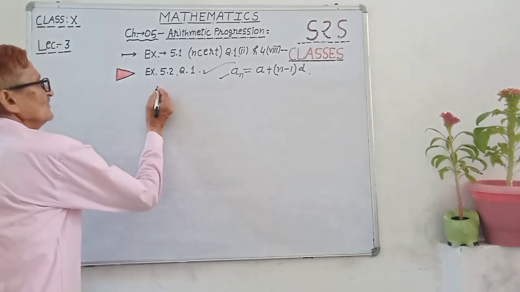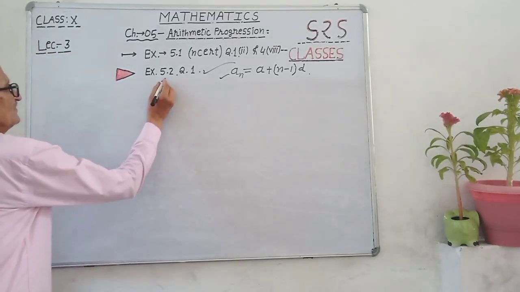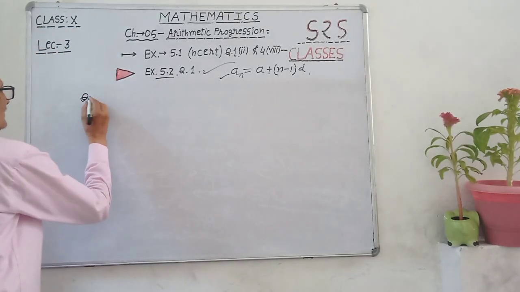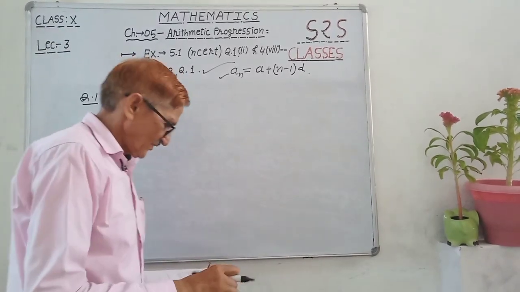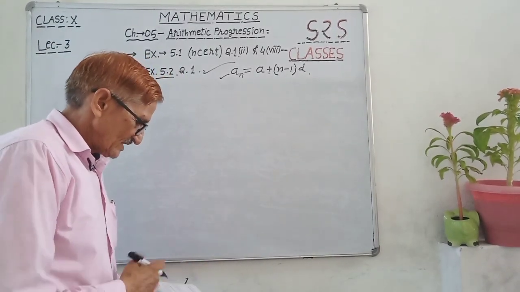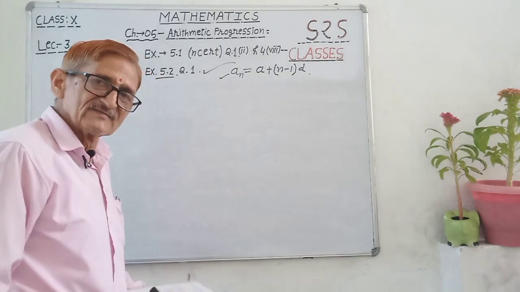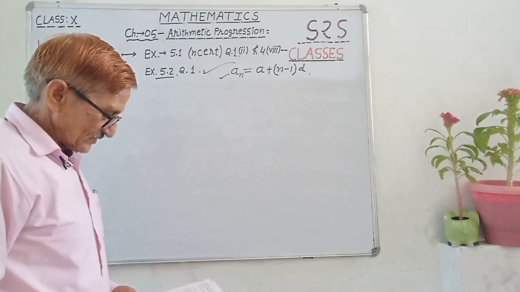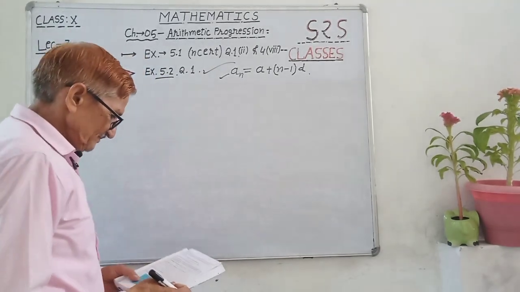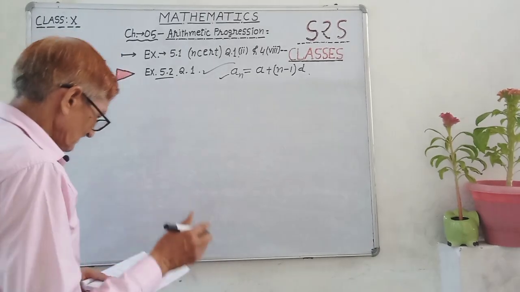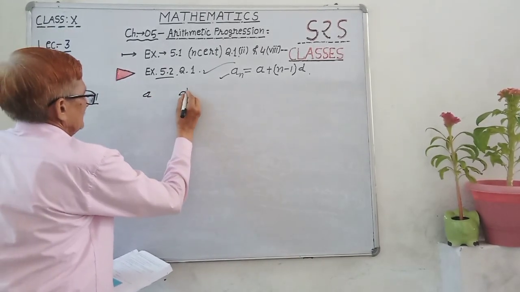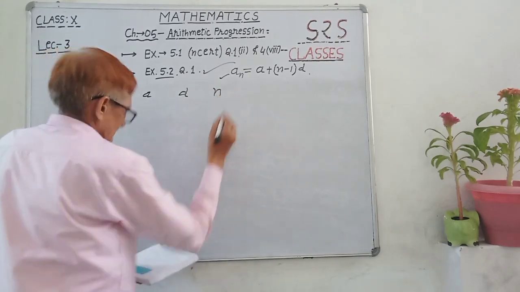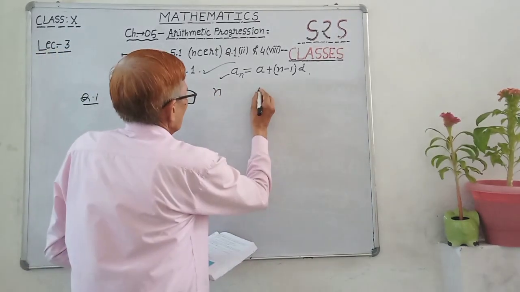Okay, now exercise 5.2, question 1. What is question 1? In exercise 5.2, question 1, one table is given. A, D, N, and AN.